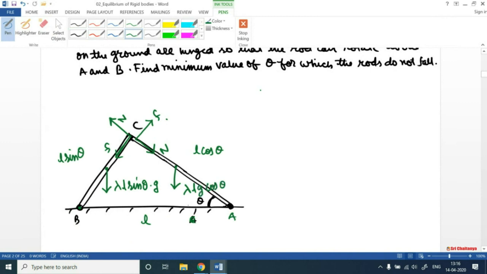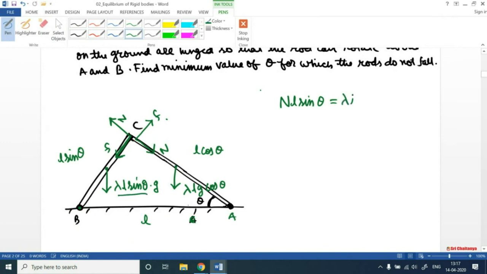If we balance torque about point B on rod AC, there would be no torque due to this friction, because it passes through point B. The torque due to normal would be simply normal times length, which is L sin theta, and that must be equal to the torque due to its weight.